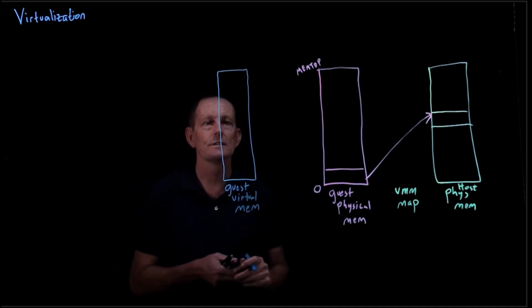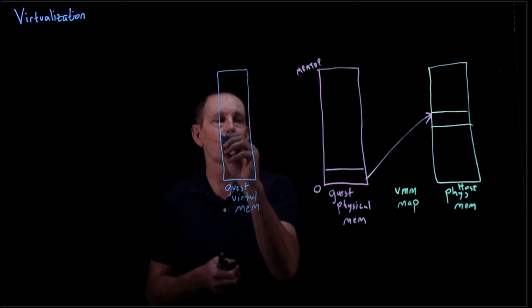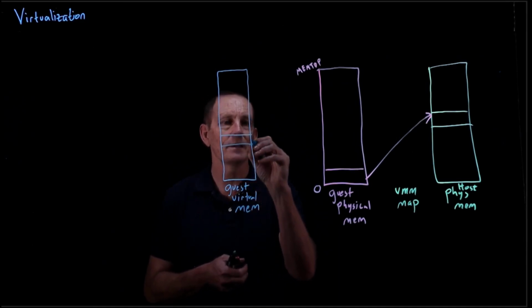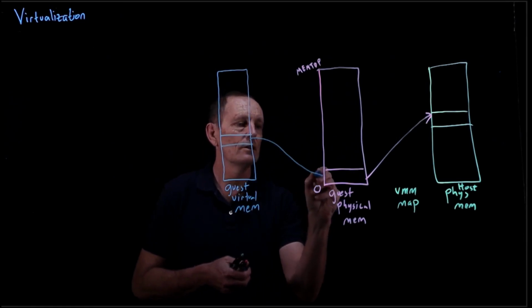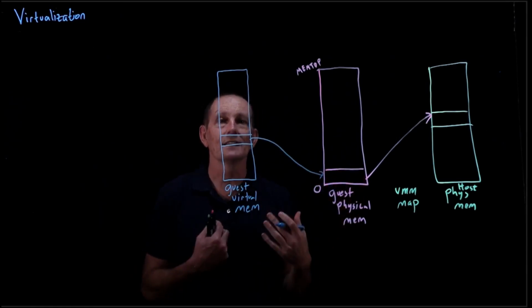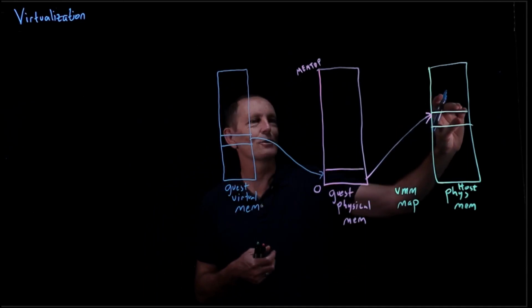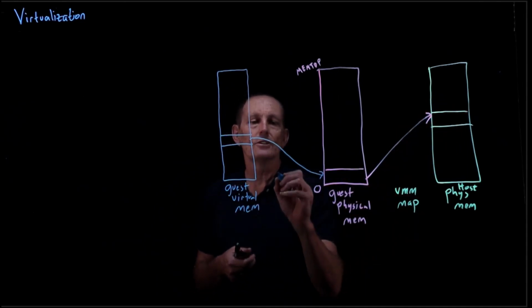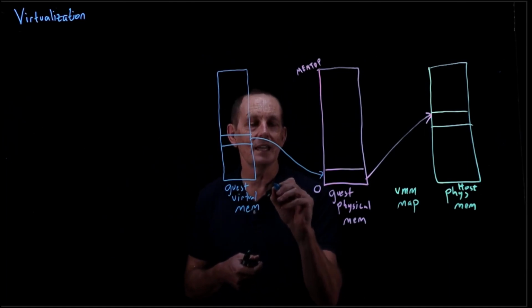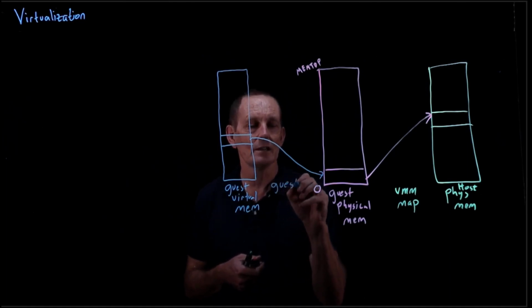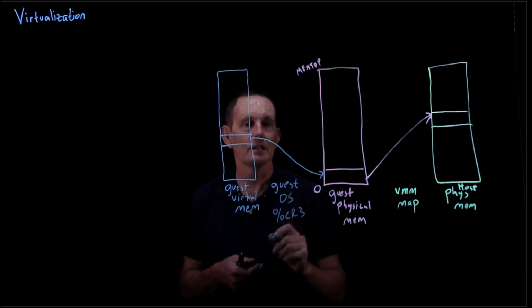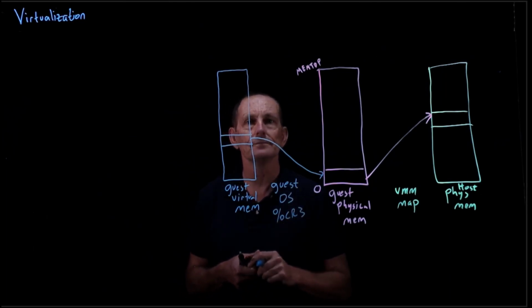So these are virtual addresses, and here we might have a page up here that is mapping to the first page of what it thinks is physical memory, that actually maps to this location in the host physical memory. So this mapping is maintained by the guest OS's CR3 register.